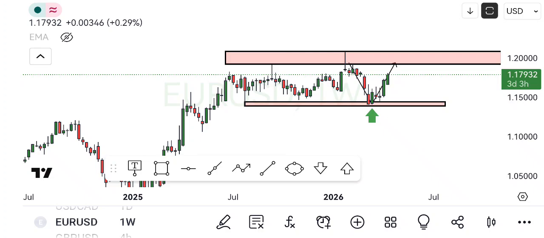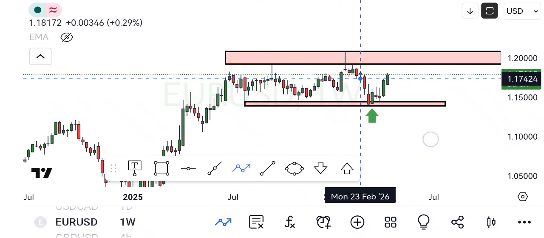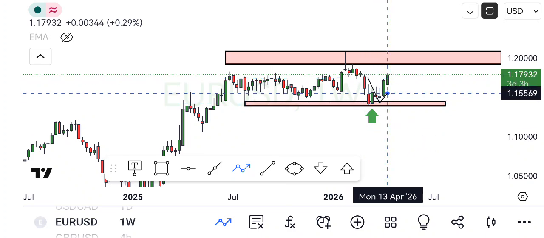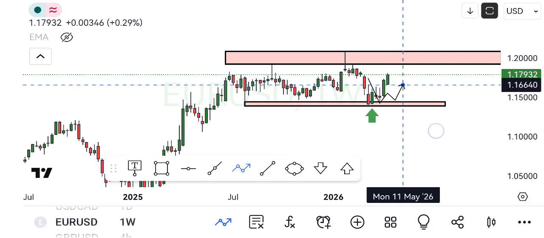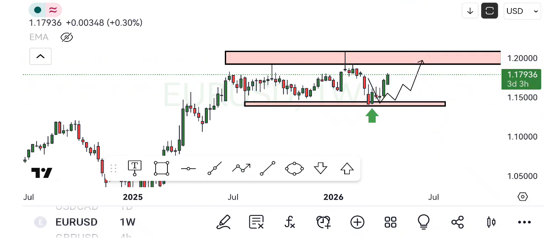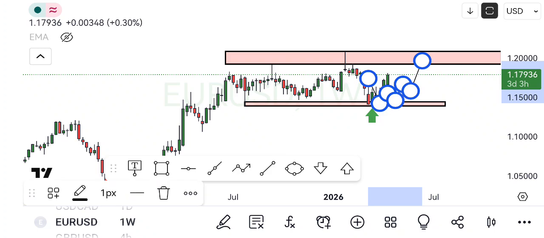Meaning when I go down to lower time frame, I will be looking for maybe selling opportunities, keeping this in mind, that the price might potentially be coming from the weekly support and going to that weekly resistance. This is how I perform multiple time frame analysis, guys. And then always remember to keep things as simple as possible.